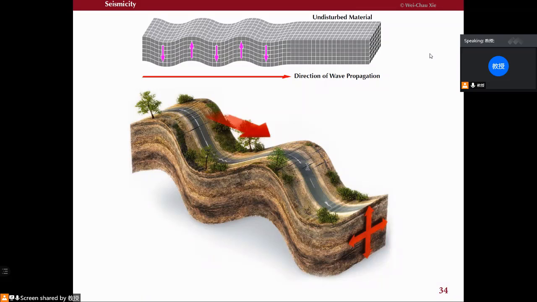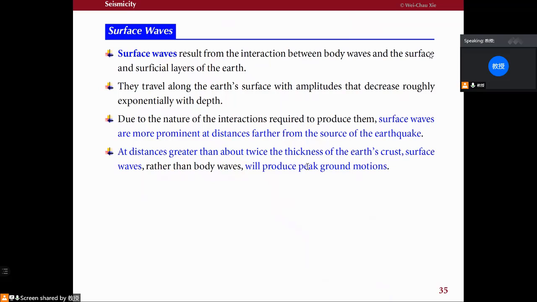Surface waves. Surface waves result from the interaction between body waves and the surface and the superficial layers of the Earth. They travel along the Earth's surface with amplitudes that decrease roughly exponentially with depth. Okay, so we only find surface wave on the surface of the Earth, and they decay exponentially with depth.